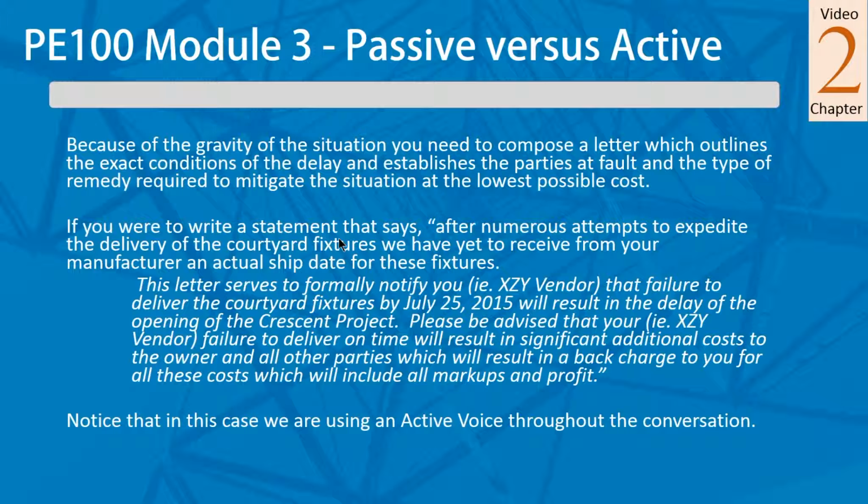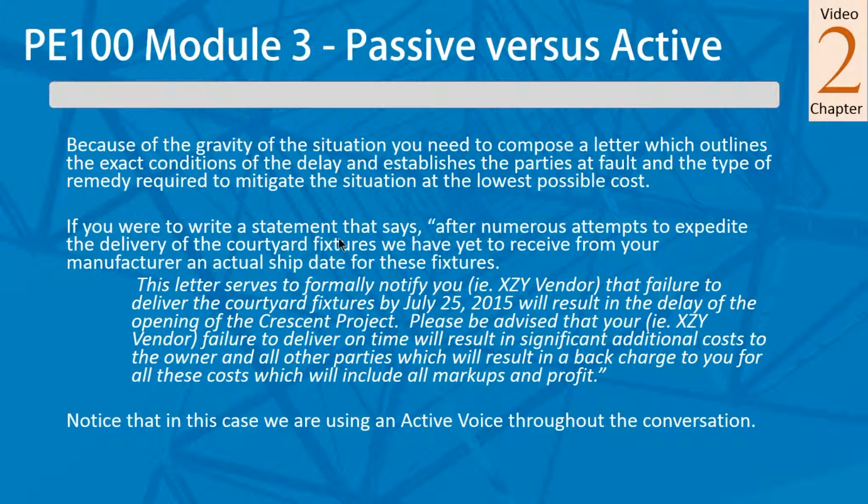In other words, you can't walk into a meeting or send a letter out and say, guess what, my vendor hasn't been able to give me the right information because he can't get it from the manufacturer, but it's pretty obvious you're not going to be able to get them in time to open the courtyard for your grand gala event.